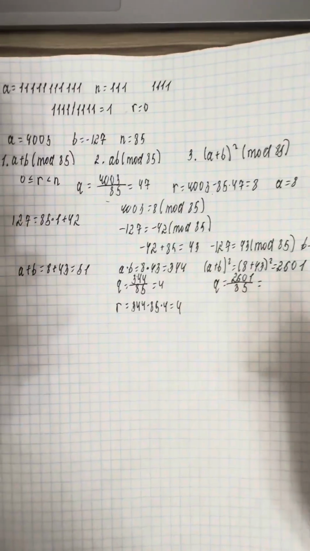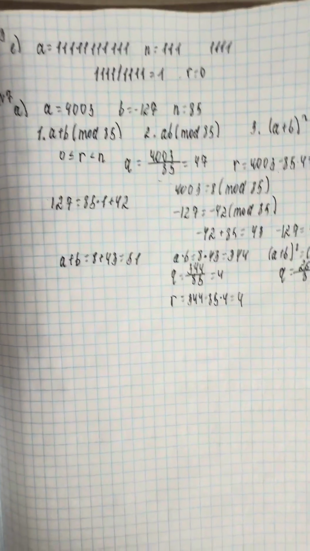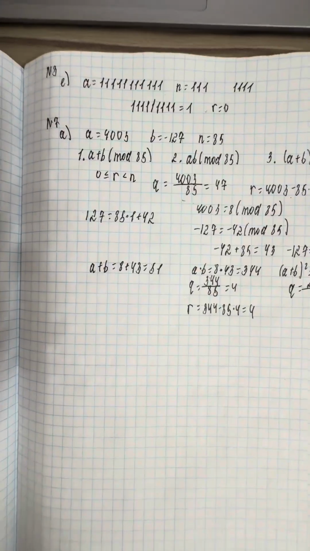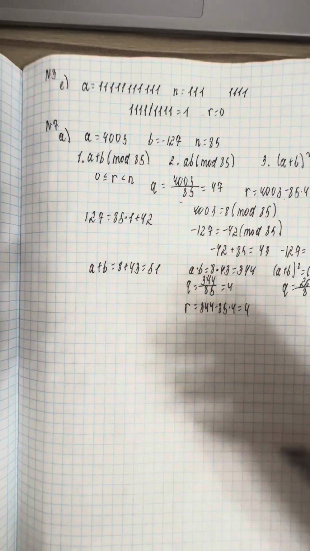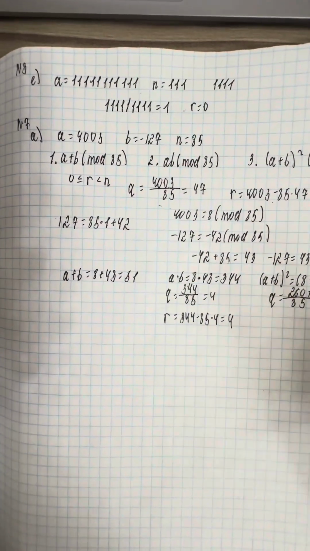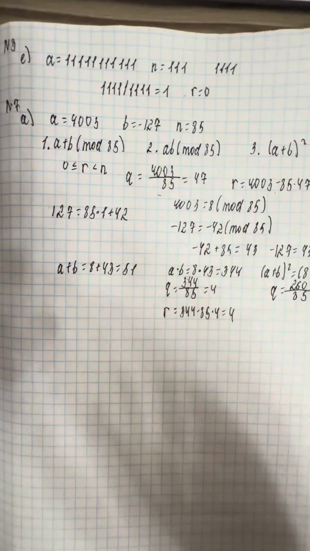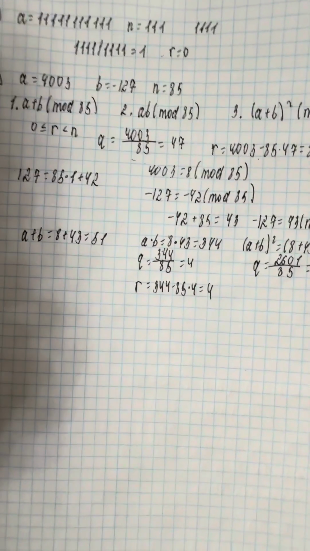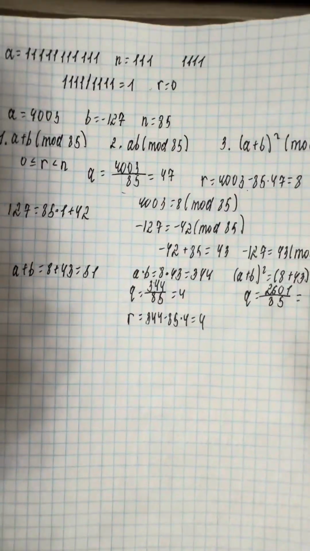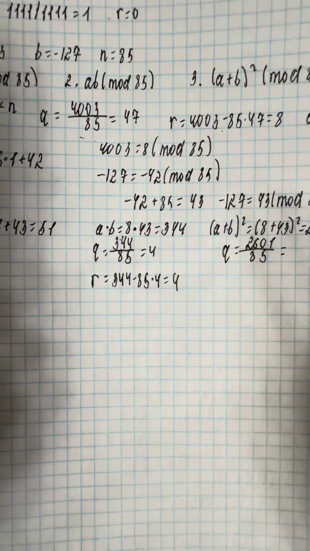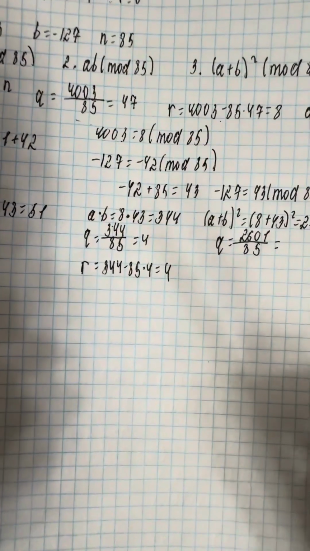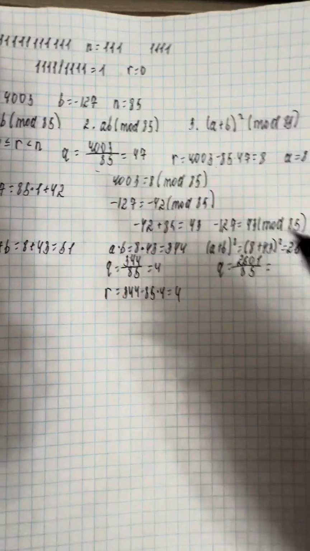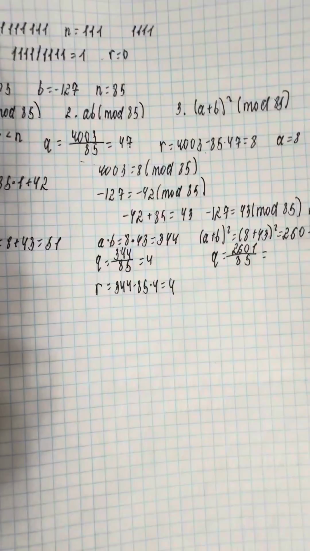And after this, we do calculations: a plus b equal to 51, and since 51 is between 0 and 84, this is also the remainder. And a multiplied by b equal to 344, when we find the q and divide by n, q equal to 4, and the remainder is also 4.